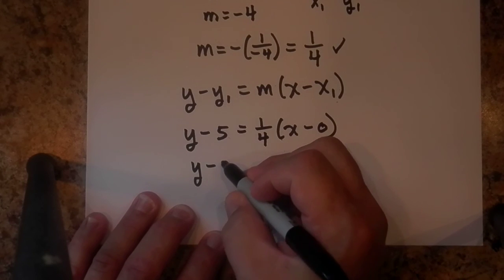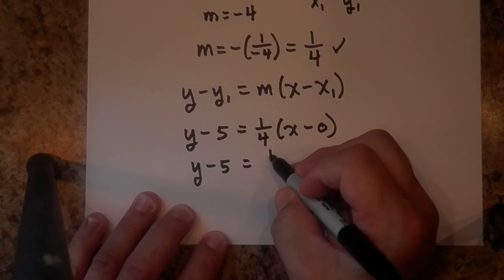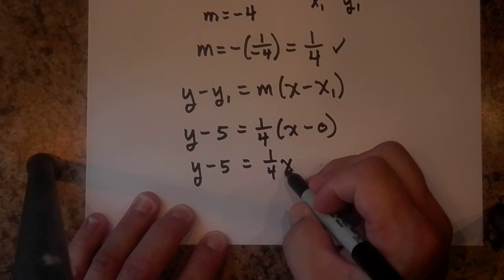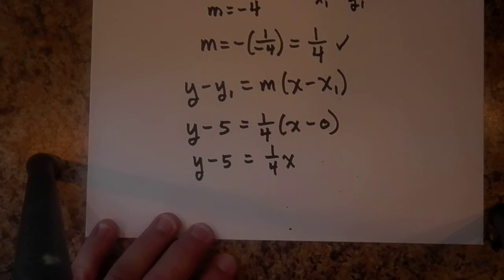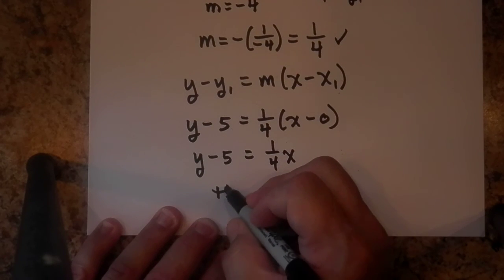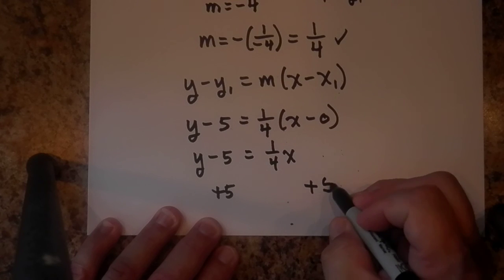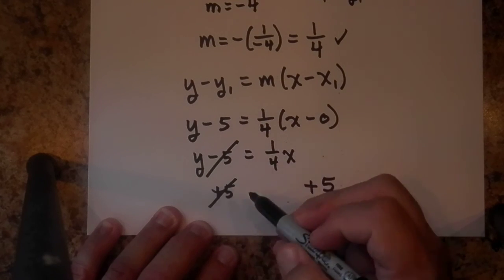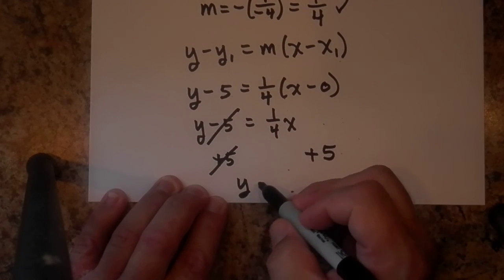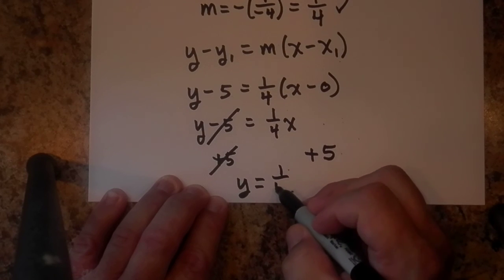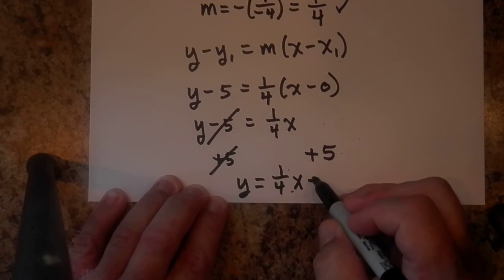So y minus 5 equals 1/4 x, and anything times 0 is 0. So I'm going to add 5 to the right. Those cancel out on the left. So my final equation is y equals 1/4 x plus 5.